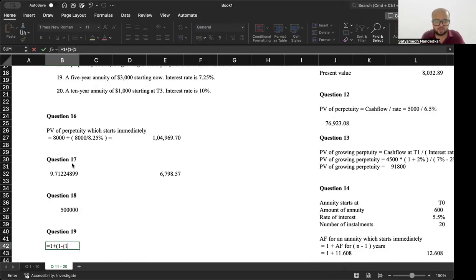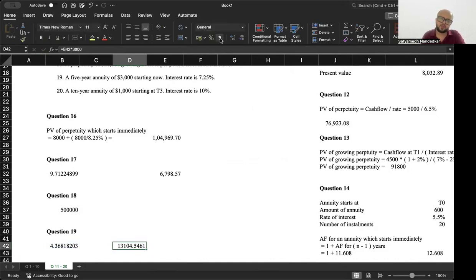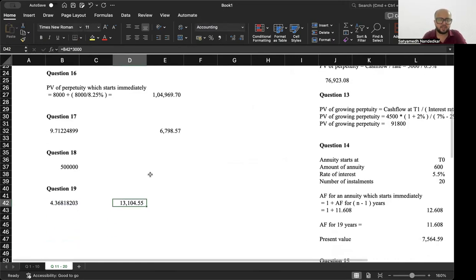So 1 minus 1 plus R raised to minus n, which is minus 4, upon R. Multiply this with 3,000, which gives 13104.